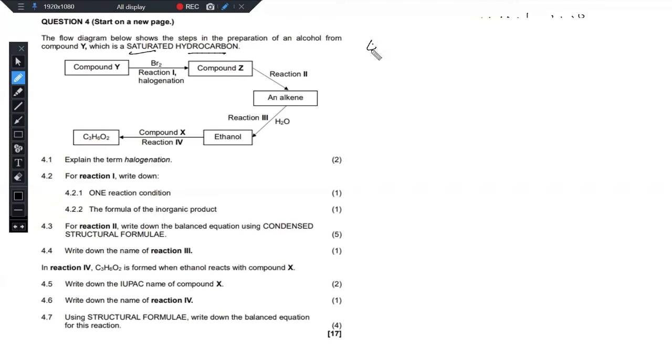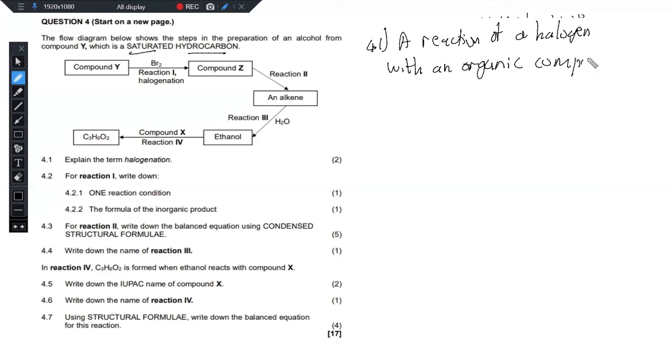So halogenation is a reaction of a halogen with an organic compound. That is called halogenation, because we are trying to create a haloalkane.